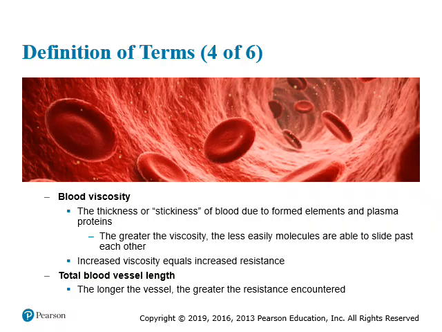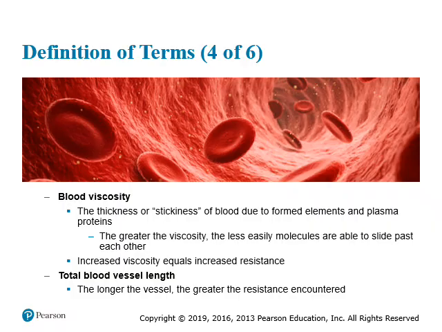An increased viscosity equals increased resistance, which means if you have too many red blood cells and you have thick blood, then you will have greater resistance to flow, which is absolutely true in almost any fluid that you would want to flow through a tube.